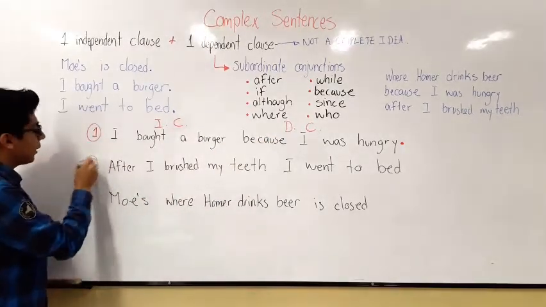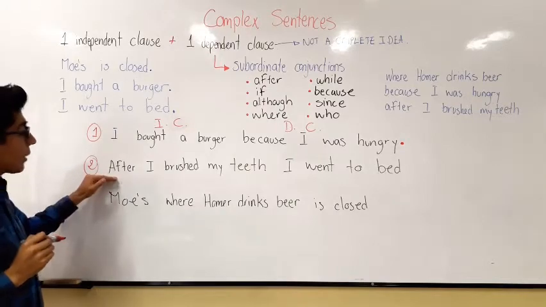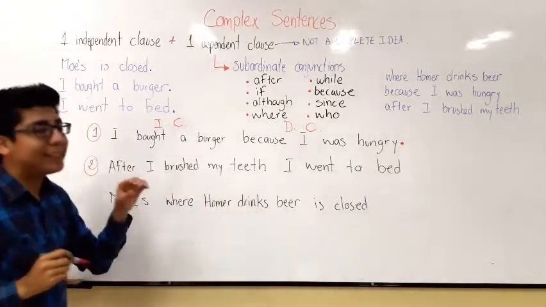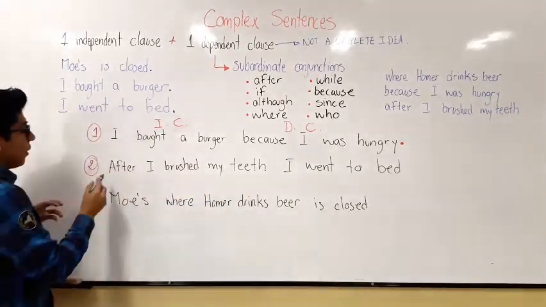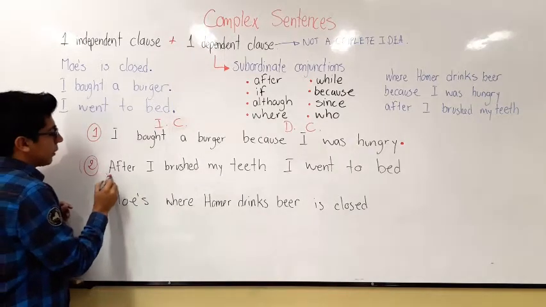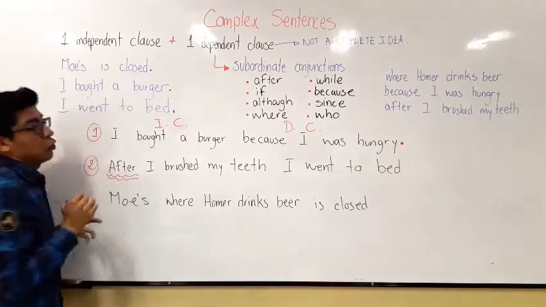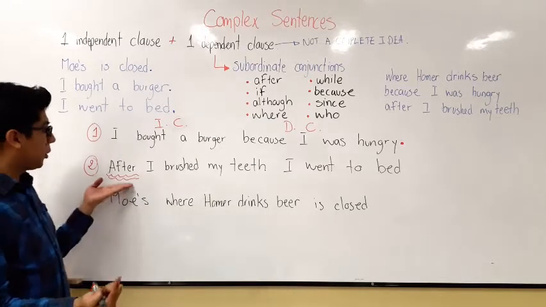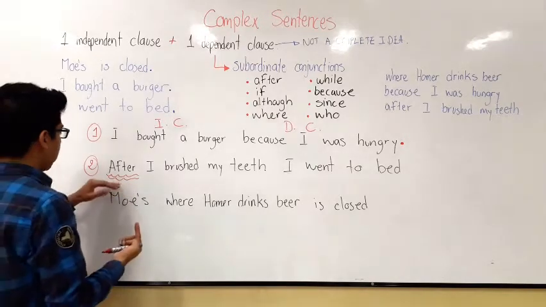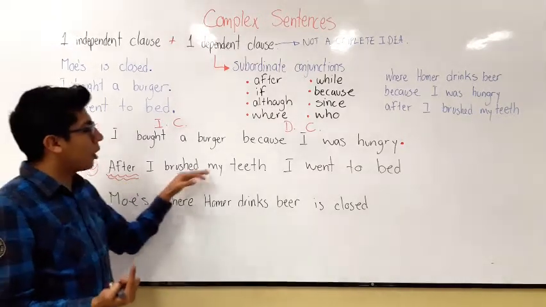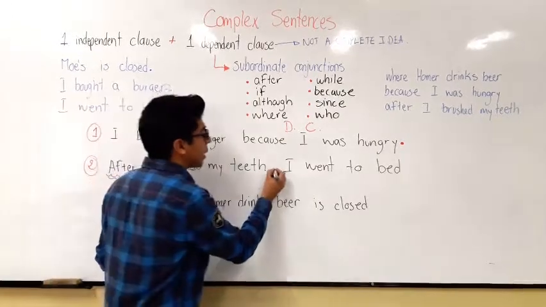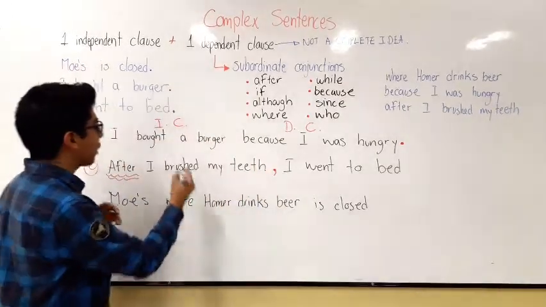My second case is I start with my dependent clause, right? This is my dependent clause because it starts with a subordinate conjunction, which is after. So I'll say, after I brush my teeth, here I place a comma, right?